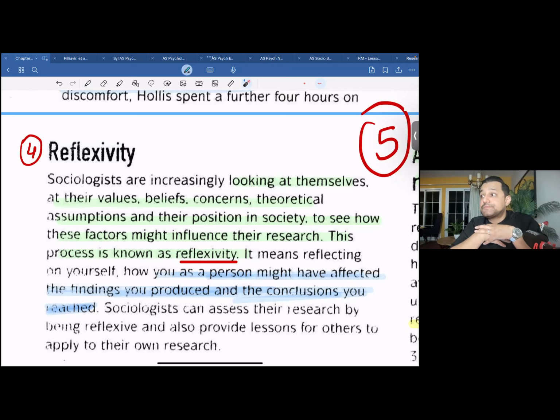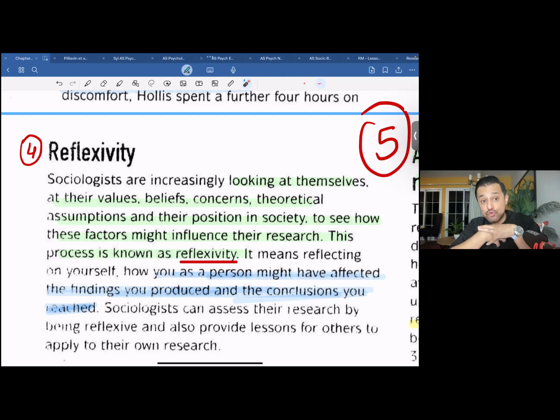For instance, if I'm conducting research that has to do with a lot of countries and a lot of religion, of course, my nationality and my religion would affect my research findings. It would be unfair and dishonest if I said that it would not. Intentionally or otherwise, they might end up affecting the findings of my research.